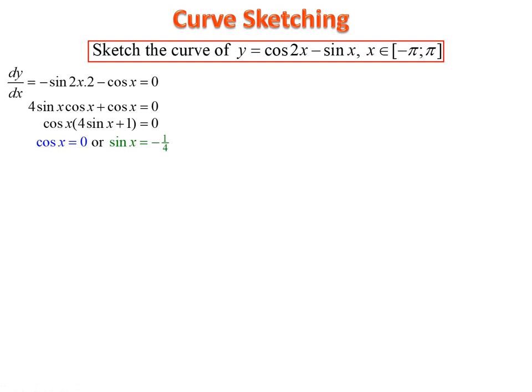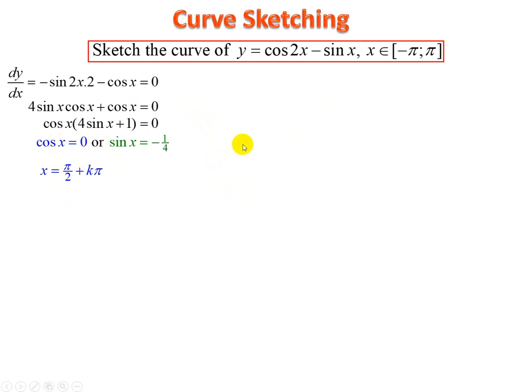Now you know how to solve these, so you solve these for negative pi. You see this one here is 90 degrees. If you think about the curve of a cos, where's it naught?